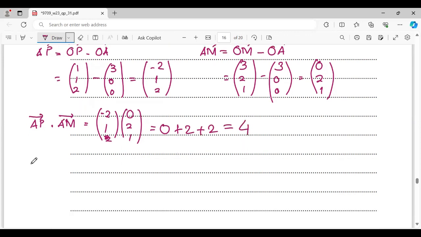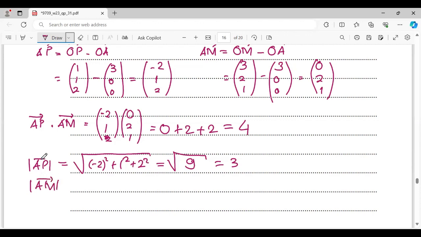After that, modulus AP is the square root of minus 2 squared plus 1 squared plus 2 squared, which is the square root of 9, so 3.